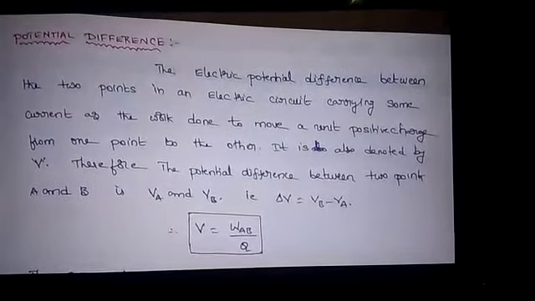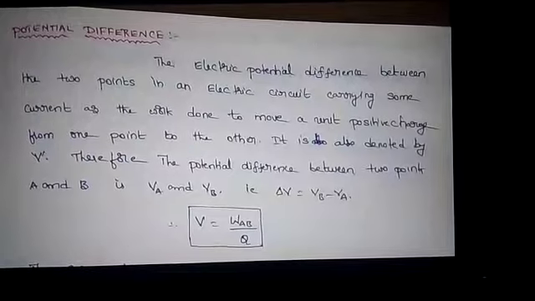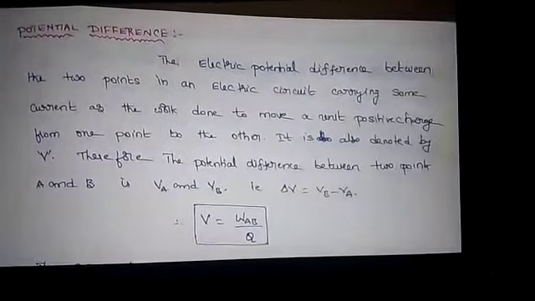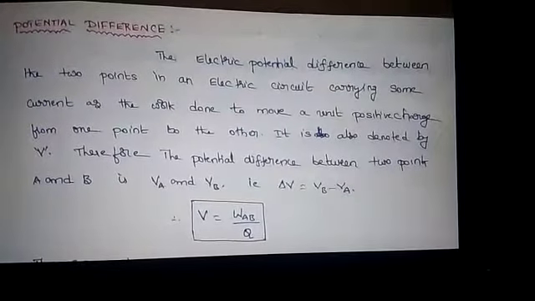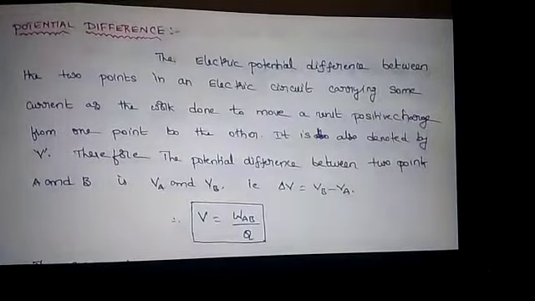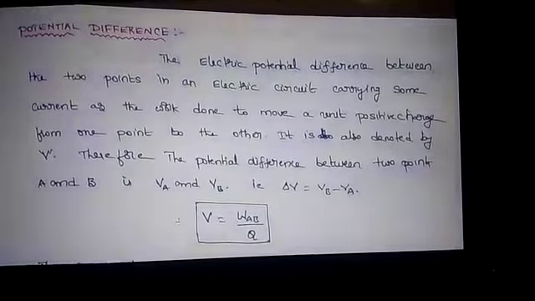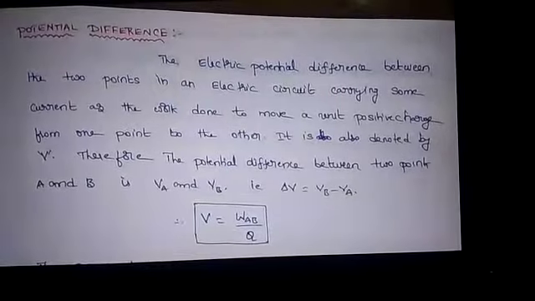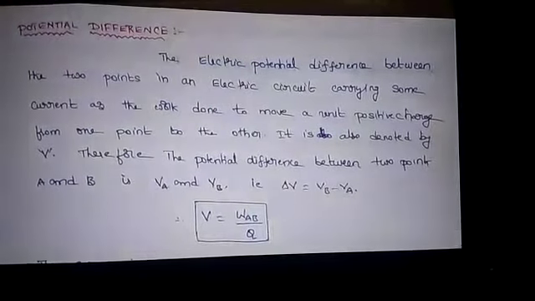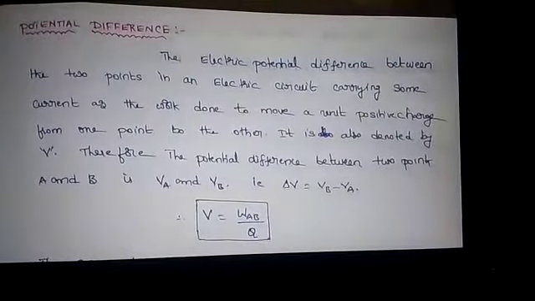The potential difference is the work done to move a unit positive charge between the 2 points. Therefore V equals WAB by Q, where W suffix AB means the work done in moving the charge between A and B. Therefore V equals WAB by Q.